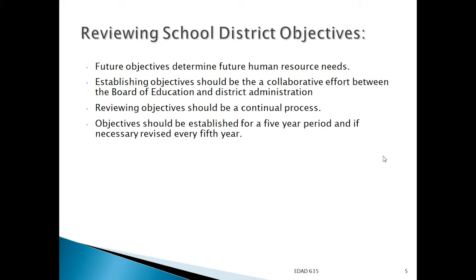And one of the things that I would suggest is that if you ever write a grant, make sure you write in enough in the grant to have a grant administrator, whether that's you relieved of some duties or the actual hiring of someone to administer the grant.